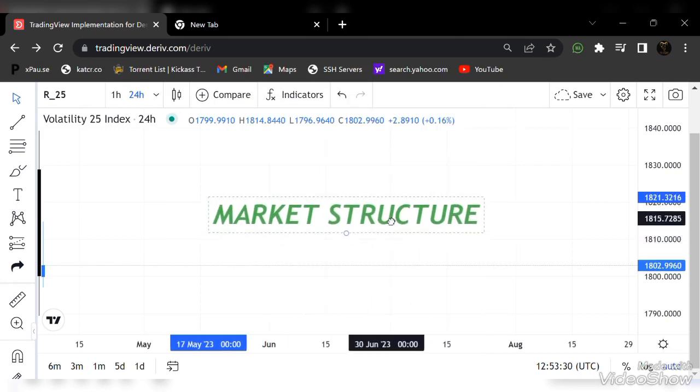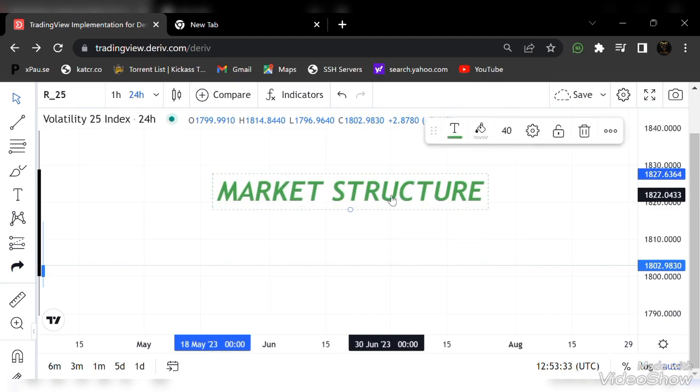Price action includes what we call market structure. So what is market structure? Market structure simply helps us to understand the behavior, the conditions and the current flow of the market, and it also highlights support and resistance levels, swing highs and swing lows.